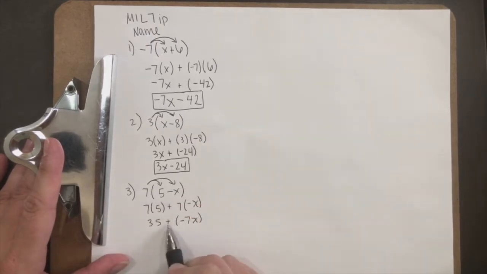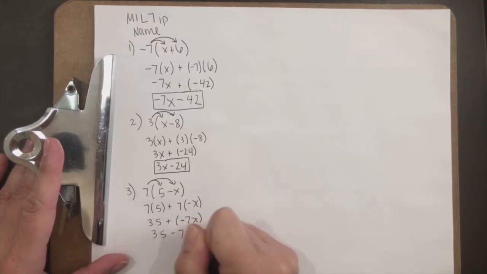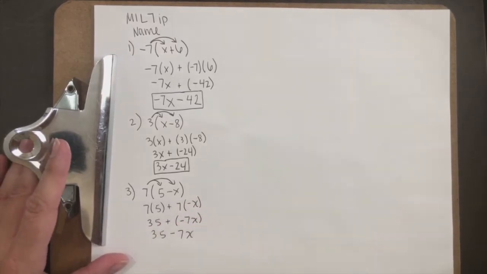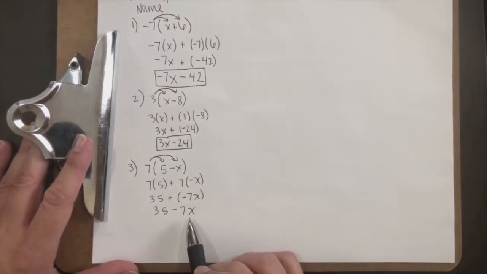And again, we can just distribute that. 35 minus 7x. And it's actually proper when you're writing polynomials, which is what this is.